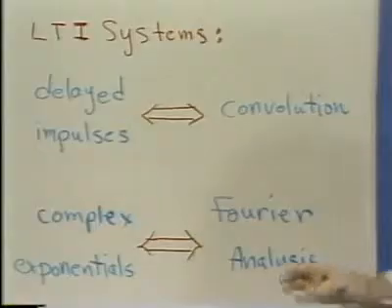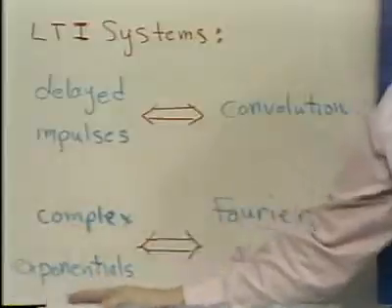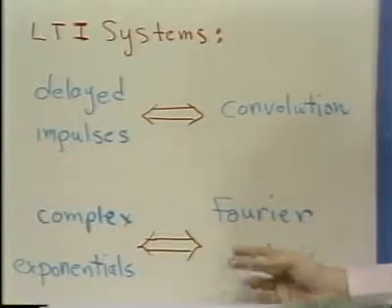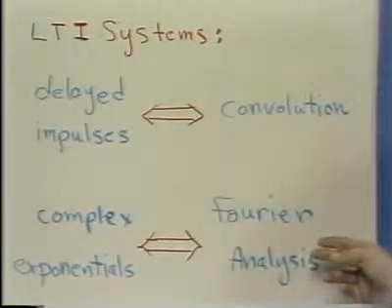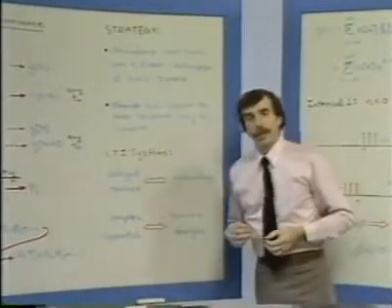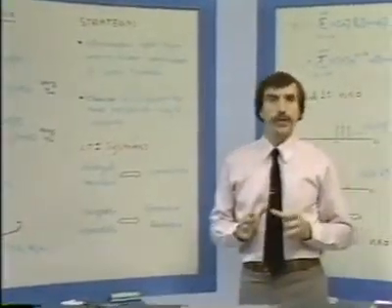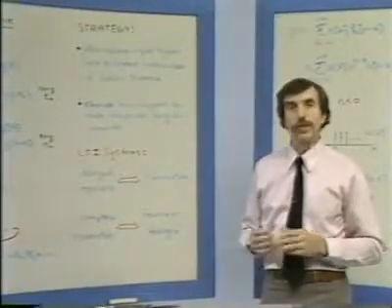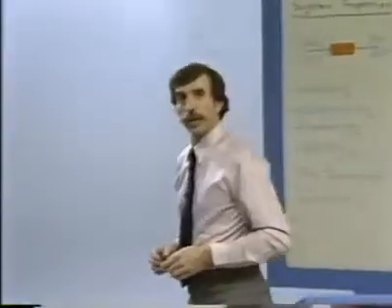A second is a decomposition of inputs into complex exponentials, a linear combination of complex exponentials, and that leads to a representation of signals and systems through what we'll refer to as Fourier analysis. Now, Fourier analysis will be a topic for a set of later lectures. What I'd like to begin with is the representation in terms of impulses and the associated description of linear time invariant systems using convolution.